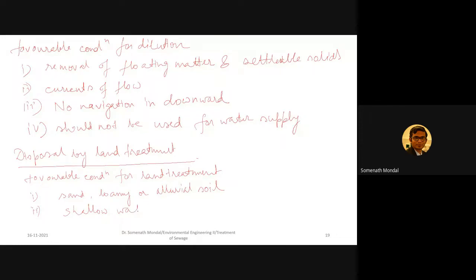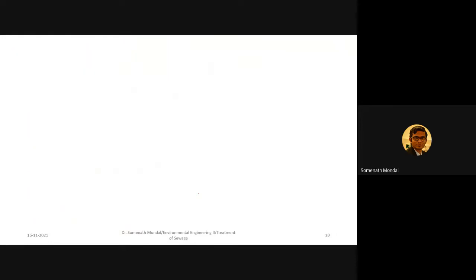The rainfall in that area should be low, because if the soil does not have higher absorption capacity, then the efficacy would be in question. That is the reason disposal by land treatment is suitable in those areas where the rainfall is not very high.